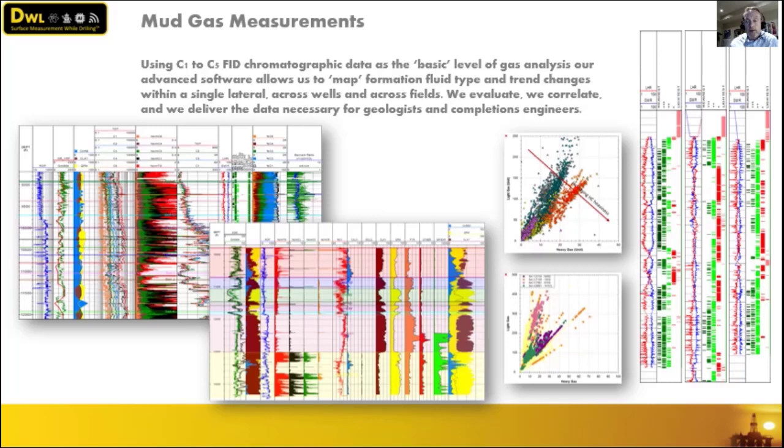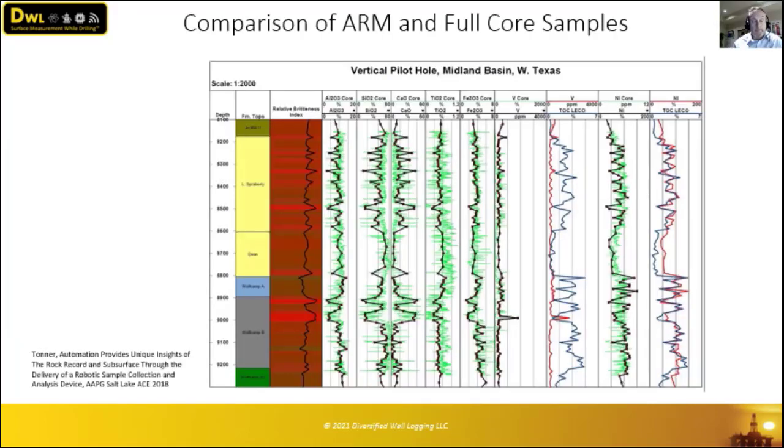And then we can also plot those on ternary diagrams using different ratios, lights over heavies, etc., and start to get an understanding of the changes in the fluid fingerprint as we go through different sequences and sections, which we can highlight in different colors here, and start to see and understand if there are changes in fluid type, if there's compartmentalization and connectivity.